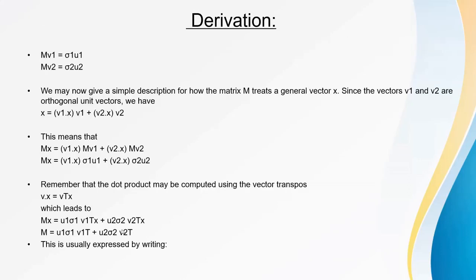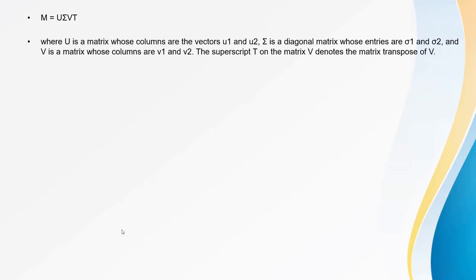So we get the final equation, which can be also written as M is equal to U sigma V transpose, where U is the matrix whose columns are u1 and u2, and sigma is the diagonal matrix whose entries are sigma 1 and sigma 2, and V is the matrix whose columns are v1 and v2. The superscript T on the matrix V denotes the transpose of the matrix V.